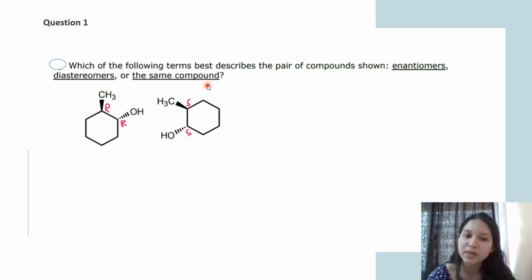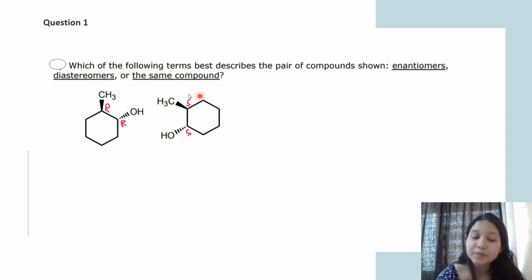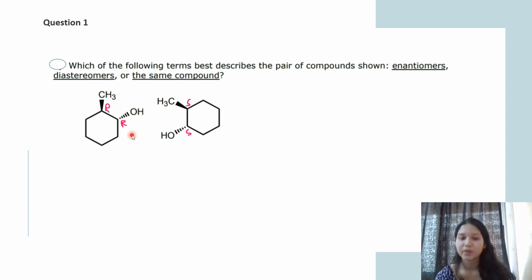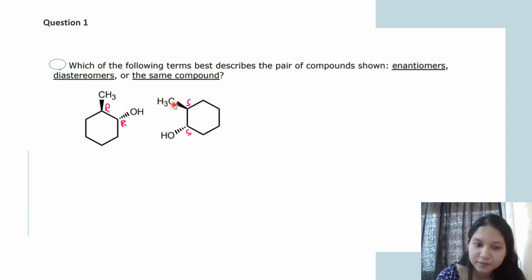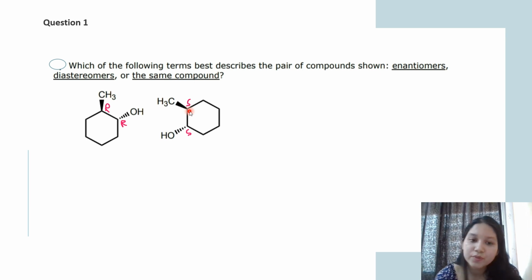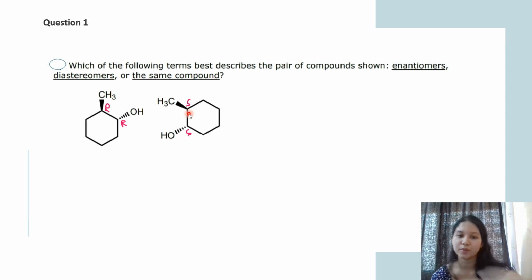Okay. For this one, I will not explain in detail because we have already done it in the same way for the first molecule. So for this molecule, let us come to this center first. What will be the first priority group for this one? We have two alkyl chains in two directions and then one methyl and one hydrogen below the plane, that is far from us.